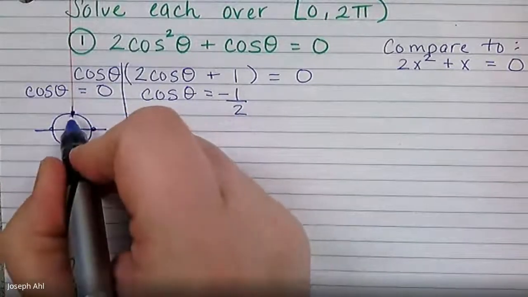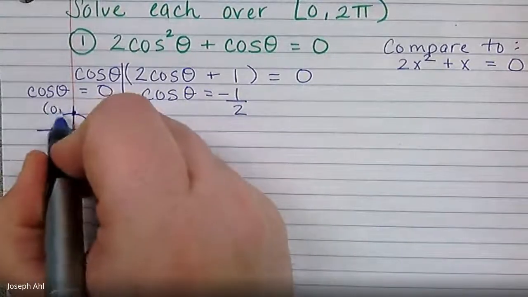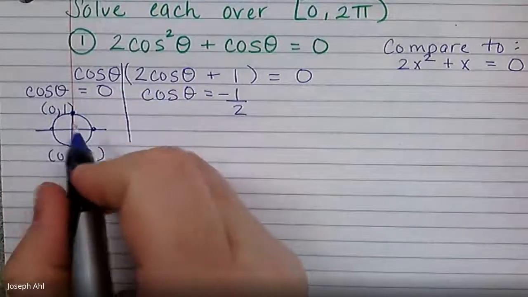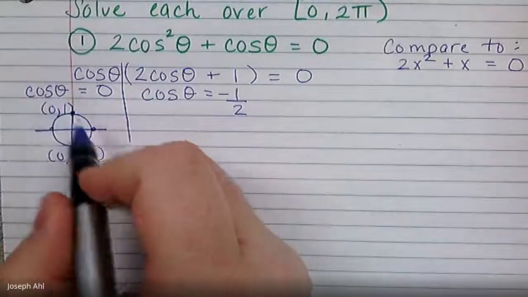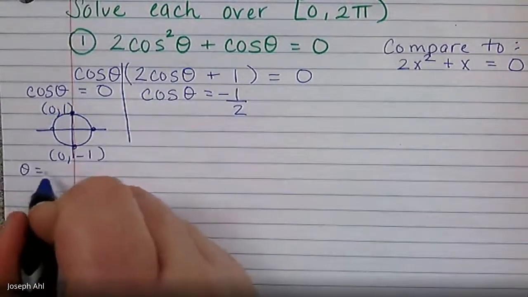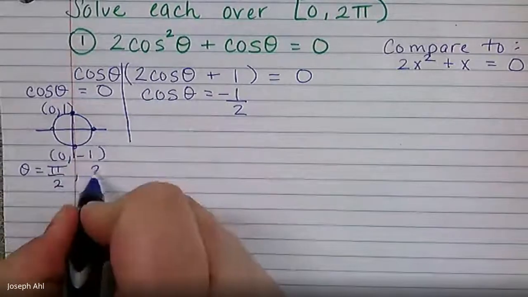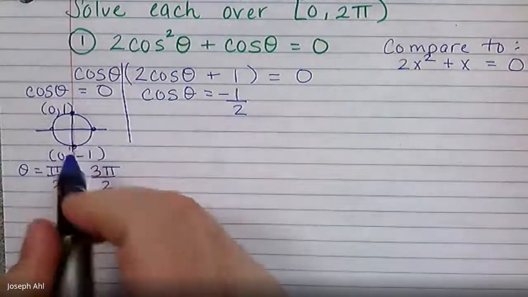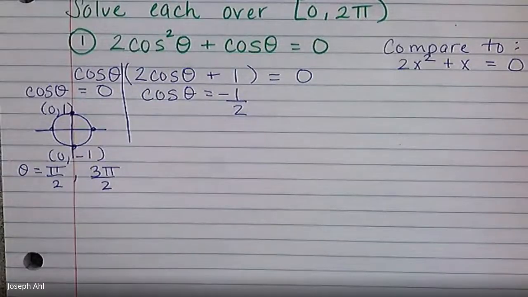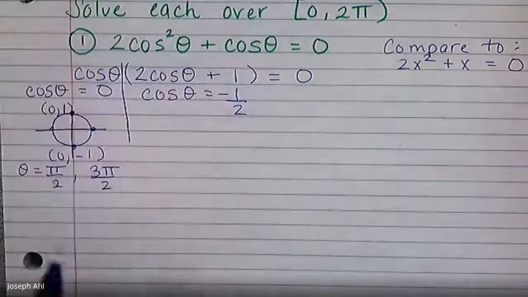So we're looking for when is the x value 0, which happens at the top and at the bottom of the unit circle. And remember that the answers for theta are the angles that correspond with those locations. So we're going to get theta equals pi over 2, and then additionally theta equals 3 pi over 2.